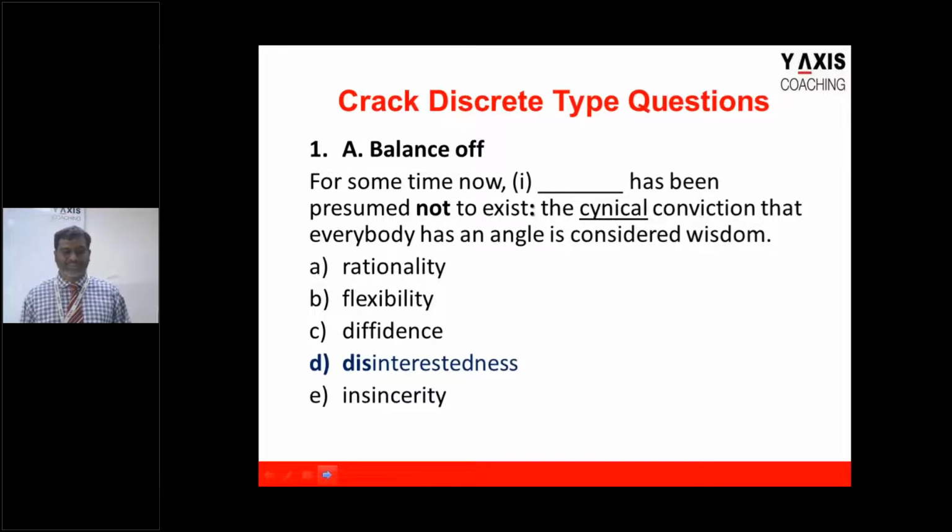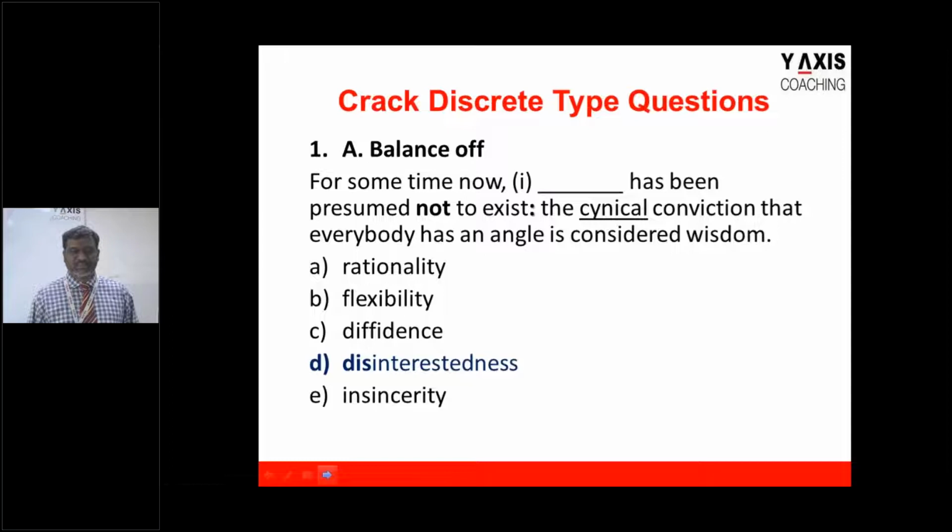It's not about rationality or diffidence, being shy, or flexibility or sincerity. It is always about having doubt in the goodness of someone, and thinking that he's helping someone because he's expecting something in return, or that no one can help anyone without expecting something in return.